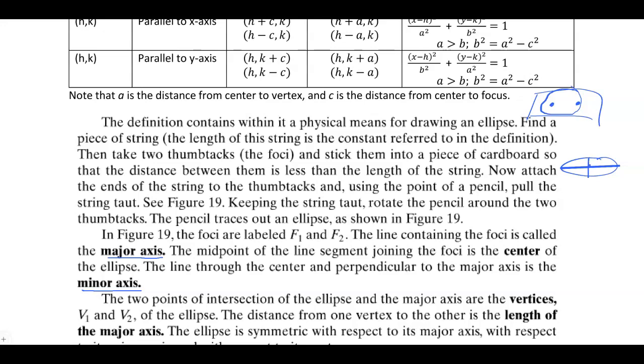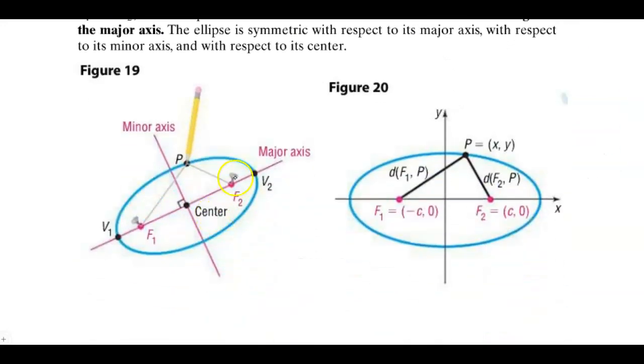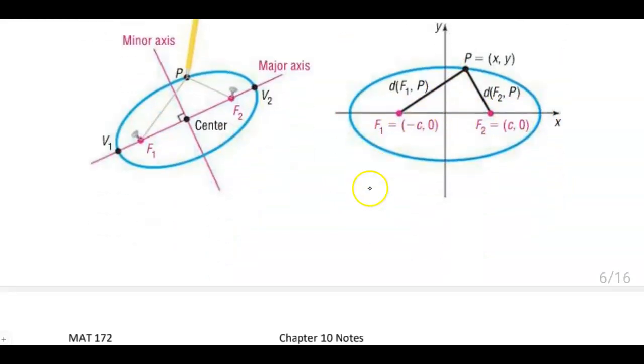Both of them are going to cross in that center. Now your foci will live along the major axis there. So you can see a picture here and here. So this would be the major axis, this would be the minor axis, and we have our foci in here.